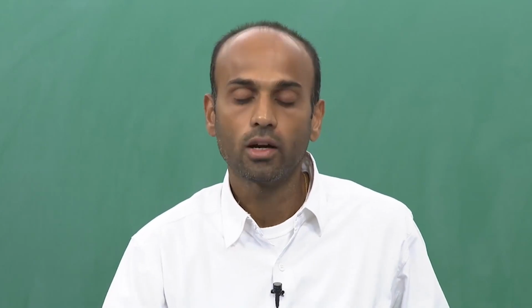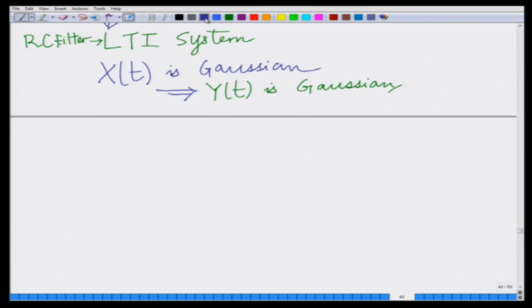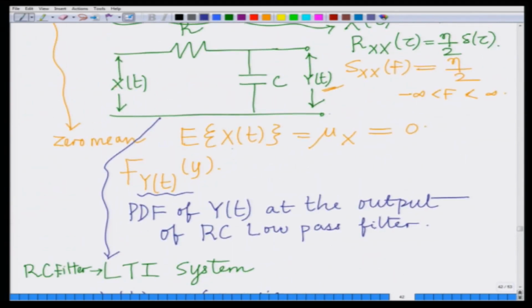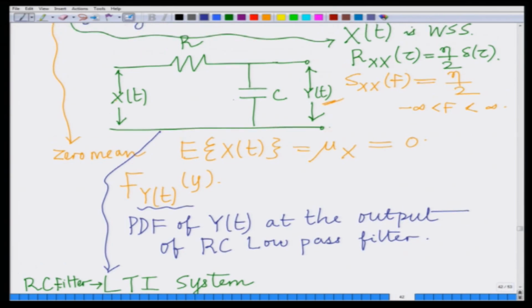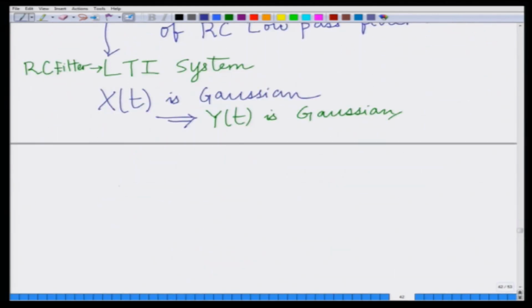Now let us find the power of this output random process. So let us first find the transfer function for this system. Most of you must be familiar with phasor analysis. The complex impedance of this capacitor is 1 over j omega c as a function of the circular frequency omega.